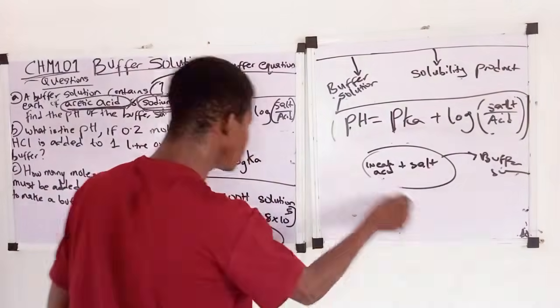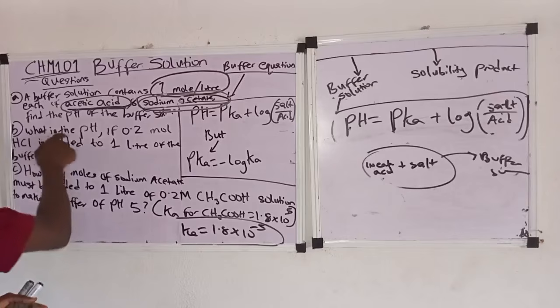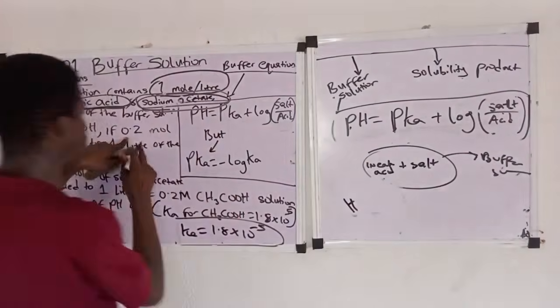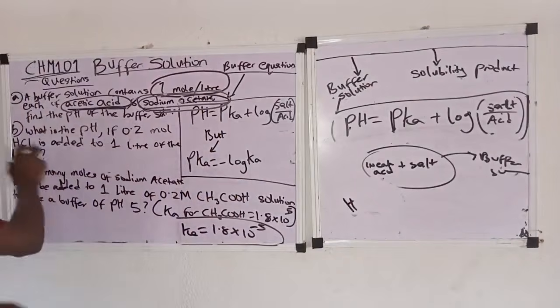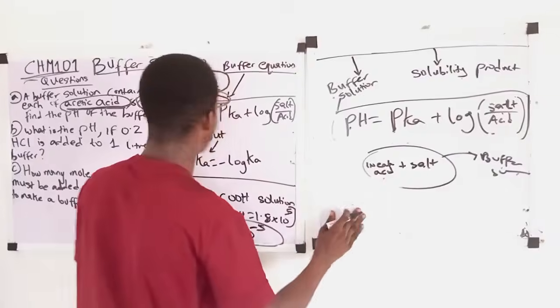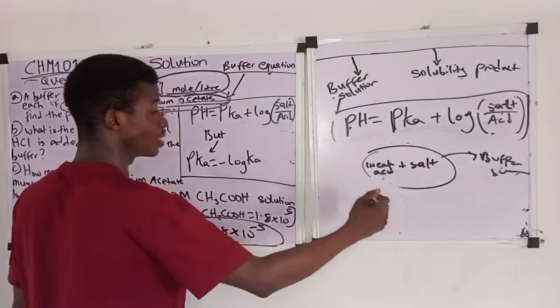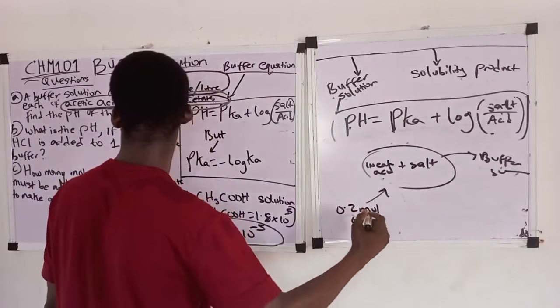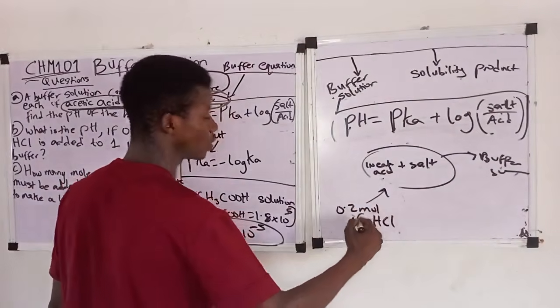Now if you look at this question, they say what is the pH if 0.2 mole hydrochloric acid is added to 1 liter of the buffer. Let's say this is the buffer, and we added 0.2 mole of HCl to it. What will happen?